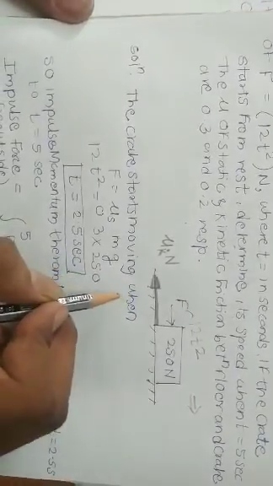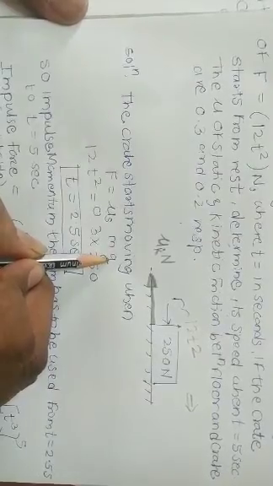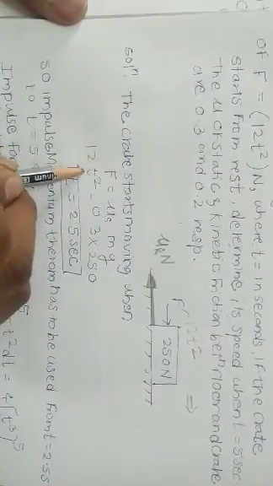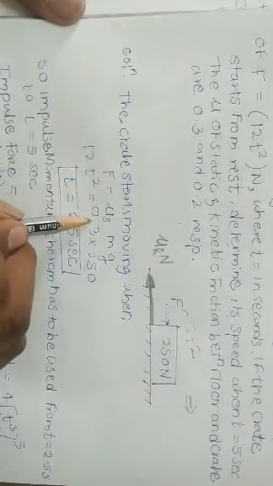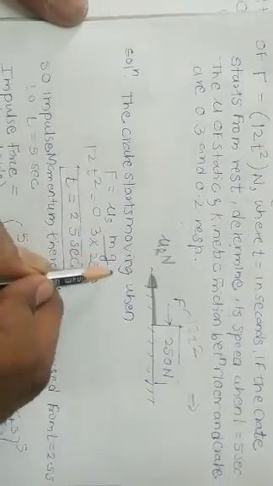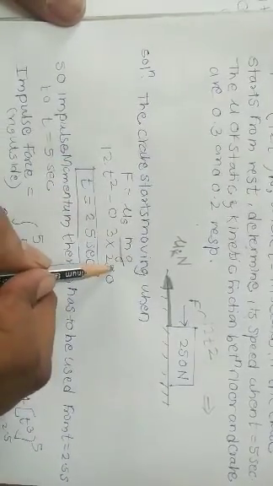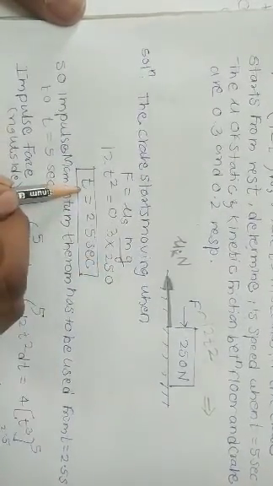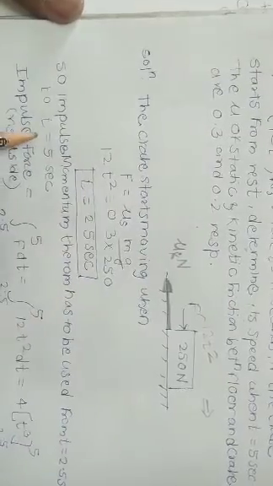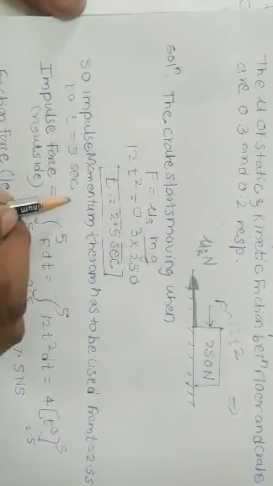So first we need to find that time. F is equal to mu s times N, we know. F is given as 12 T square, mu s, the static friction, is 0.3, and N equals mg, the weight, which is given as 250 Newton. Solving this, we get T equal to 2.5 seconds. So after 2.5 seconds, the crate will start moving.